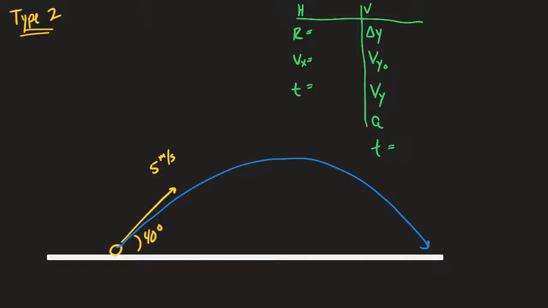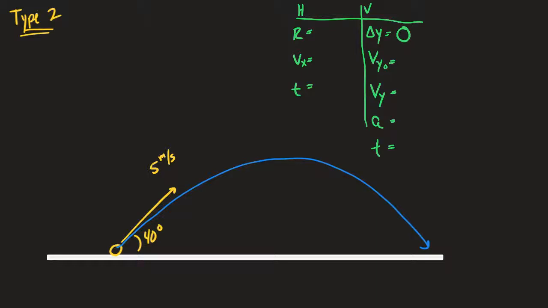A problem like this really is characterized by the fact that delta y is 0. Although it has a horizontal range, it is going to land at the same height to which it left the ground. That means delta y is 0. Not surprised by that, I hope.